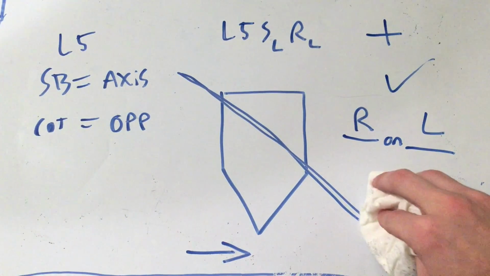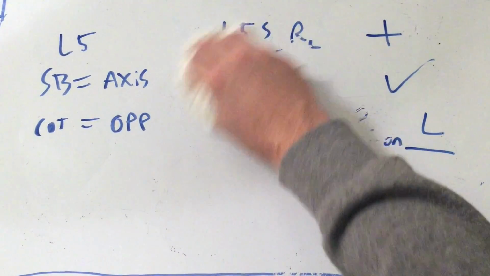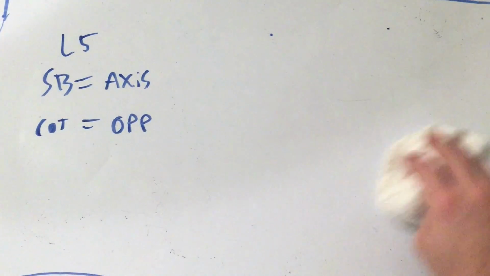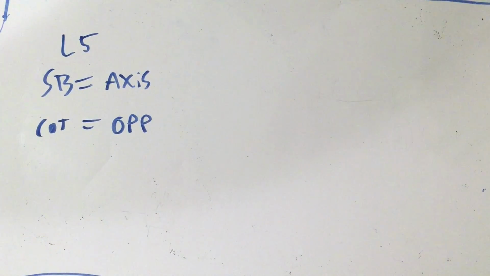So one last thing that they might try and do to you is they might give you a way to diagnose L5 by knowing your sacrum findings. So let me think of a good one here.